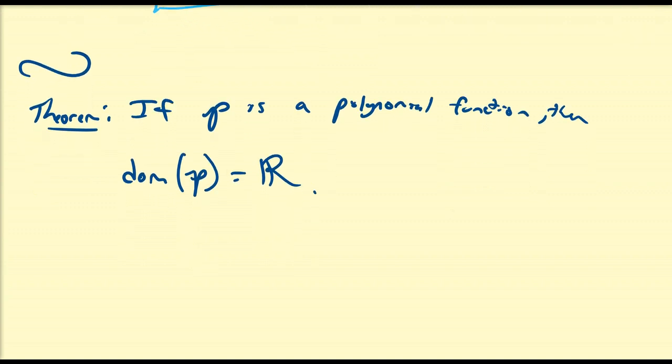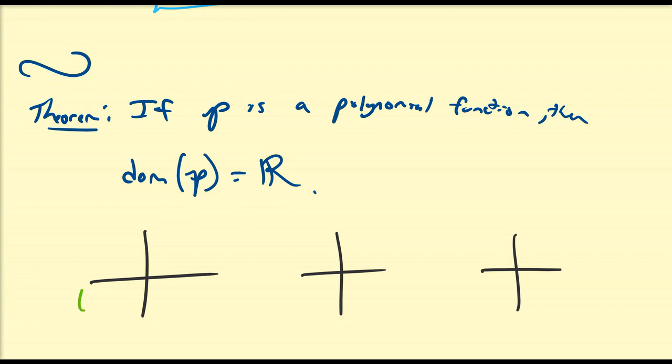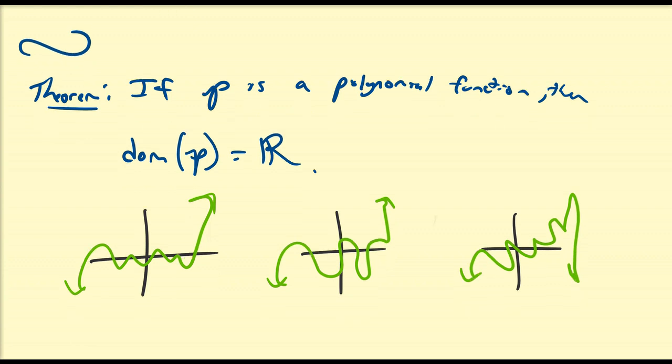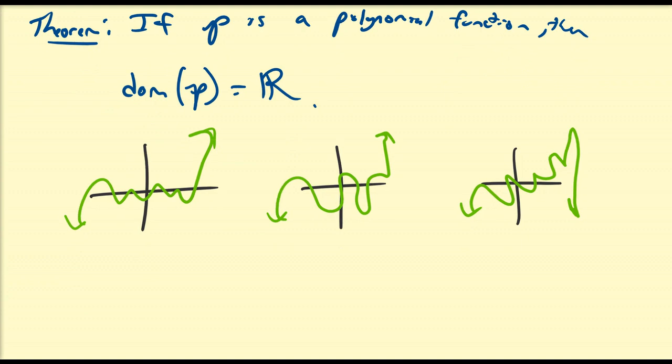So if you were to graph polynomials, you won't have any holes or breaks or anything like that. It's just a smooth curve. We'll talk about smoothness later, but one of the properties of polynomials is that the domain is all real numbers. We're not going to prove that, but we'll come back to this later and explain it in more detail.